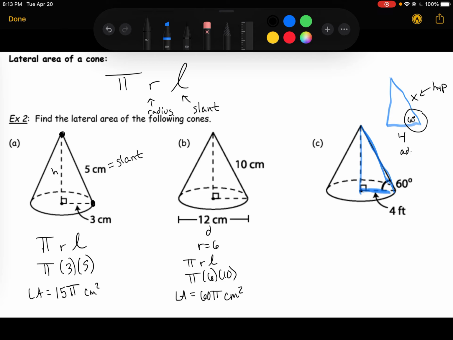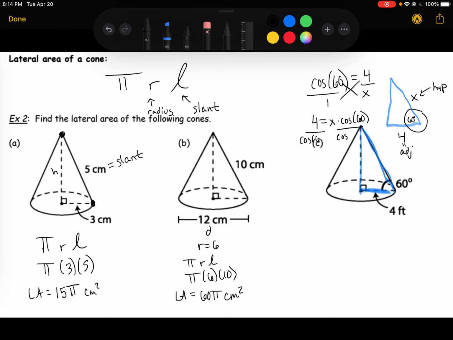So again, the bottom is 4. This angle is 60 degrees, and we're trying to solve for x. If this is our home base angle, that's our hypotenuse. This is our adjacent side. So we can set up a trig function: the cosine of 60 equals 4 over x.